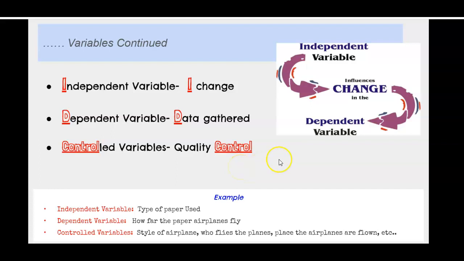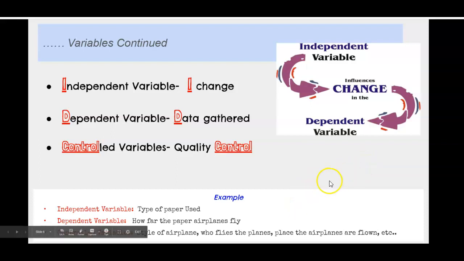So when you are doing the experiment that we're talking about with the paper airplane, you are going to change the type of paper that you use. So you're going to make one with notebook paper and one with construction paper, right? You're changing the type of paper that you use. So that's the independent variable. The dependent variable is what you're measuring, right? The data that you're gathering is how far they fly.